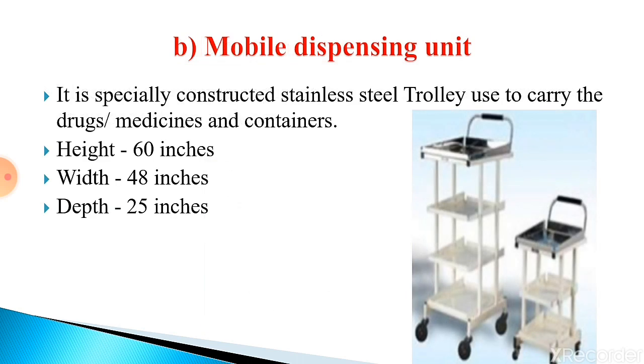Second method is the mobile dispensing unit. In this method, a specially constructed stainless steel trolley is used to carry the drugs or medicines and containers. In this system, the night duty nurse needs to check the drug stock.